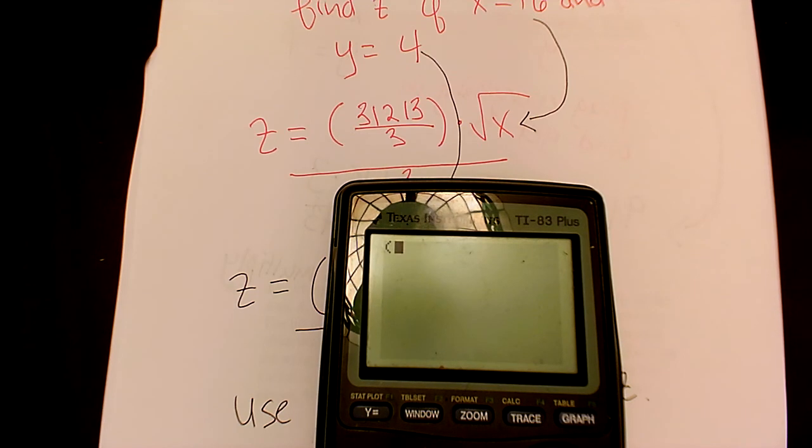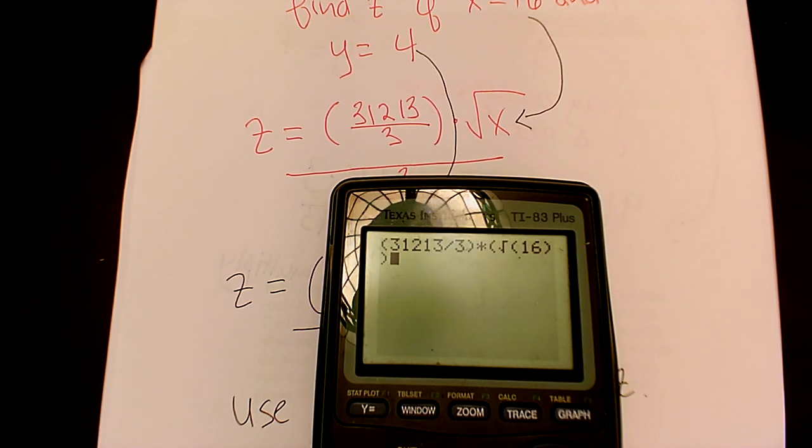So I'm going to punch in 3, 1, 2, 1, 3 divided by 3, close it up, times, and I'm going to do another parenthesis, second x squared, and that brings up my square root, and x is 16, so I'm punching that in, and I'm going to do a double parenthesis. I'm going to put 2 parentheses in there. Okay, that's my full top, and let's see what I get.